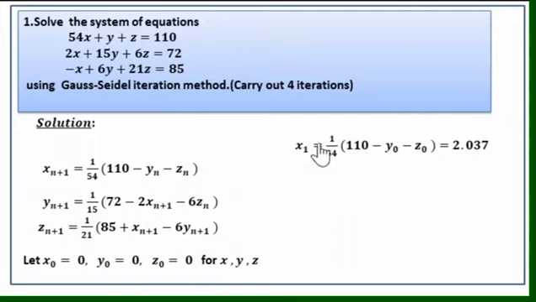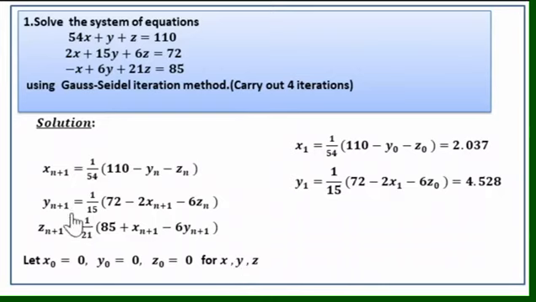Now use this value in the calculation of y1. The formula for y1 is 1 by 15 into (72 minus 2 into x1 minus 6 z0). Put x1 equal to 2.037 and z0 equal to 0. So y1 will be 4.528.